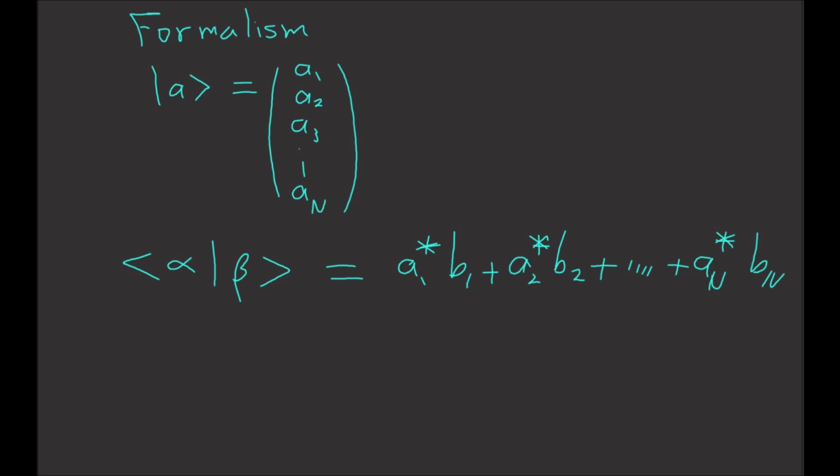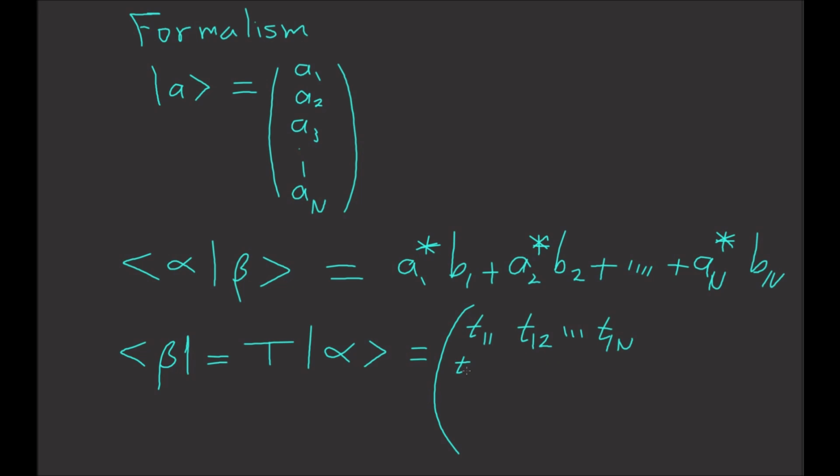However, if we multiply a matrix times a ket, we get a bra. So the bra of beta is nothing but a matrix times the ket of alpha, which is defined as T11, T12, all the way to T1n. Then here we have T21, T22, all the way to T2n.